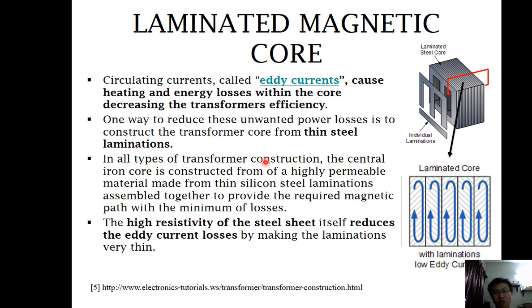In all types of transformer construction, the central iron core is constructed from a highly permeable material made from thin silicon steel laminations, assembled together to provide the required magnetic path with a minimum of losses. The high resistivity of the steel sheet itself reduces the eddy current losses by making the laminations very thin. For example, if I'm not happy with 5 laminated steel sheets, I can make it 10, double up, or 8.